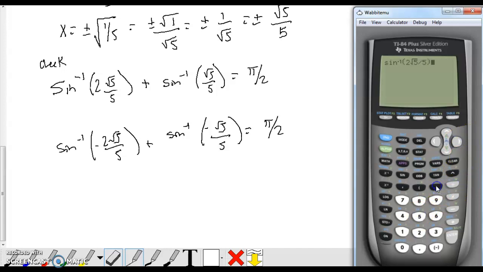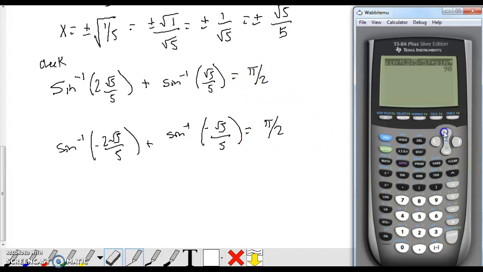Close the parentheses, and then I want to say plus the inverse sine of root 5 divided by 5. Now my mode is set to degrees, so I know that pi over 2 is 90 degrees, so this should equal 90. So if we press enter, notice that it equaled 90. So I know that that answer works.